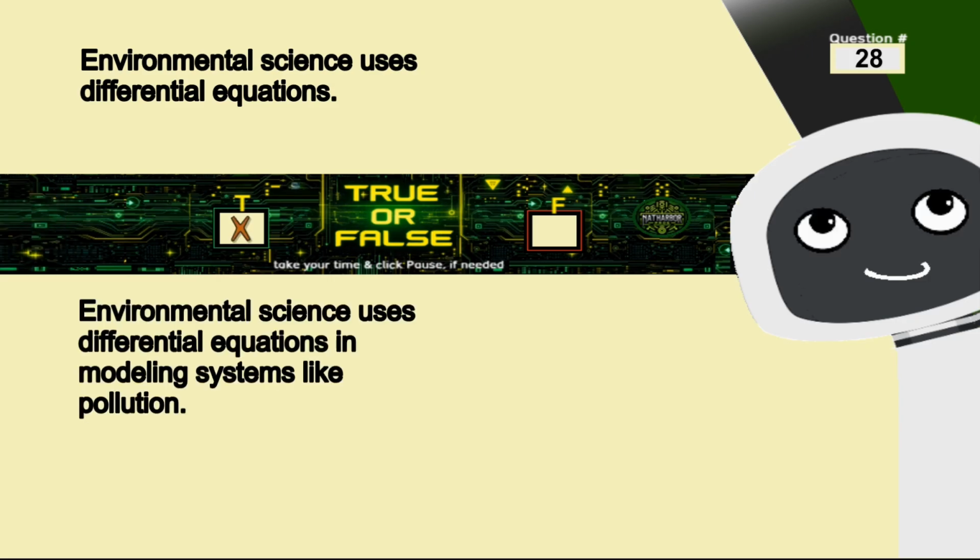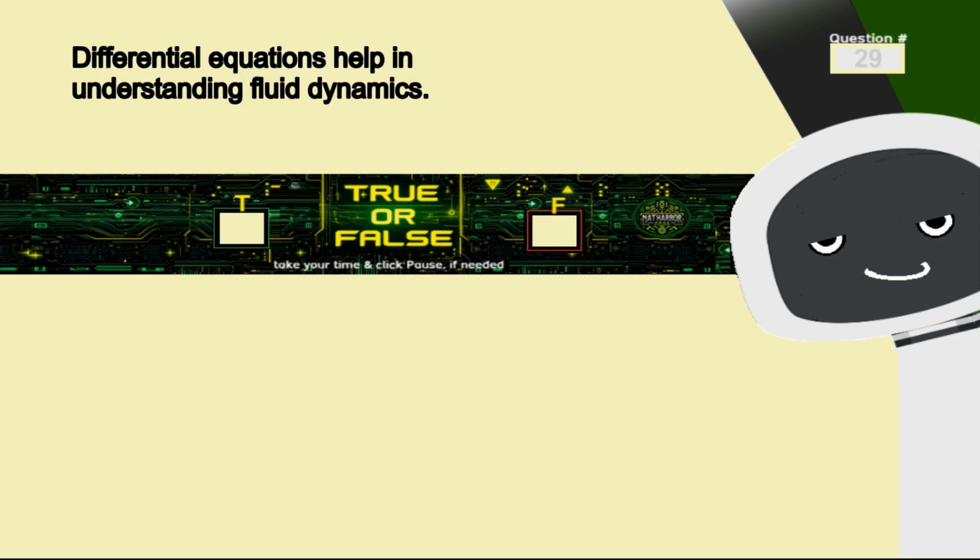True or false? Environmental science uses differential equations. That is true. Environmental science uses differential equations in modeling systems like pollution. True or false? Differential equations help in understanding fluid dynamics.